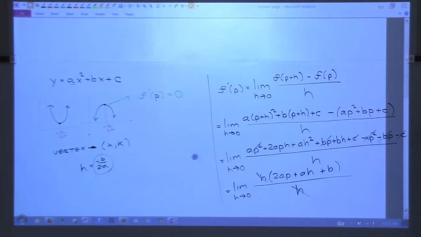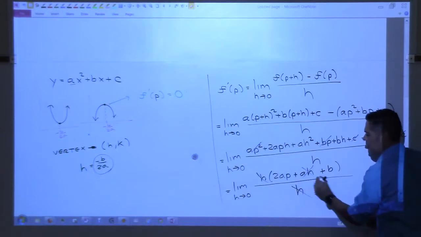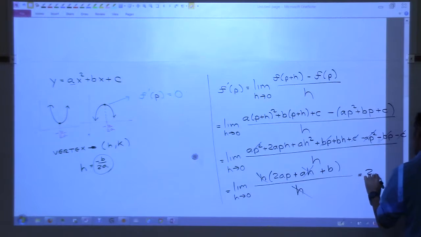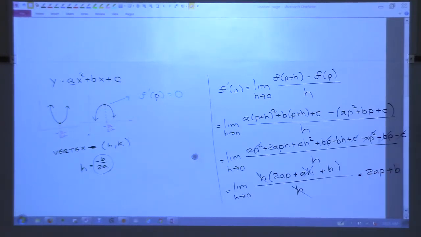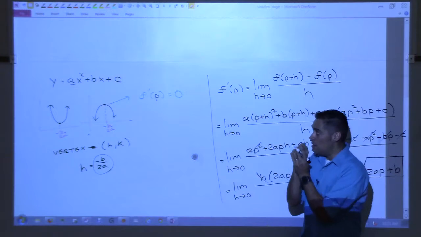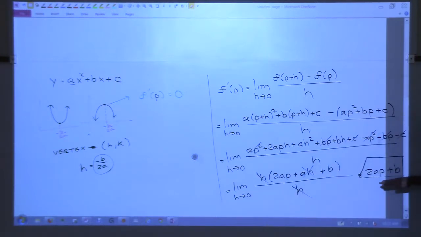If h goes to 0, this guy goes away, right? And so all I'm left with is 2ap plus b. This is the slope of the tangent line. You give me some point p, and this formula will generate the slope of the tangent line.